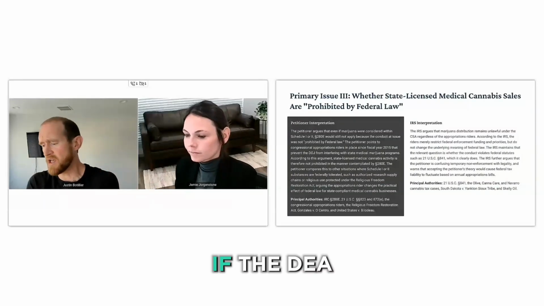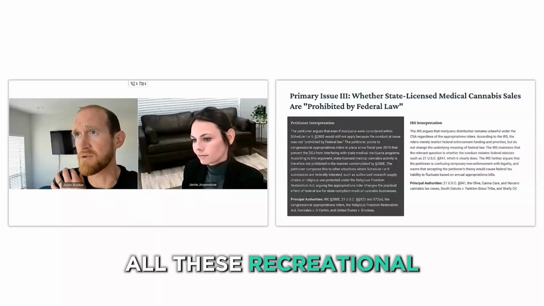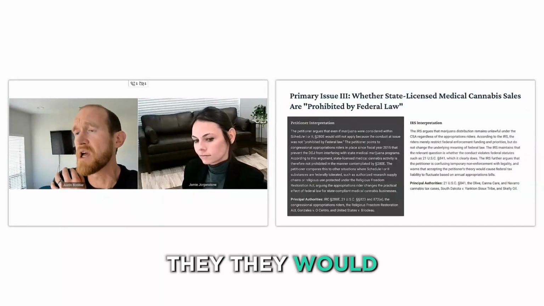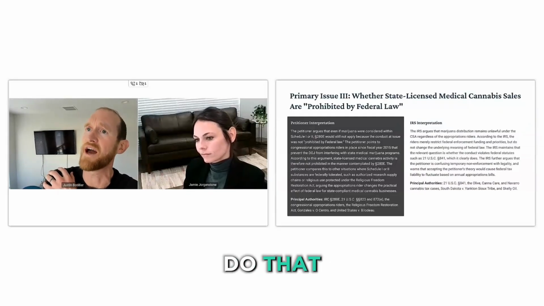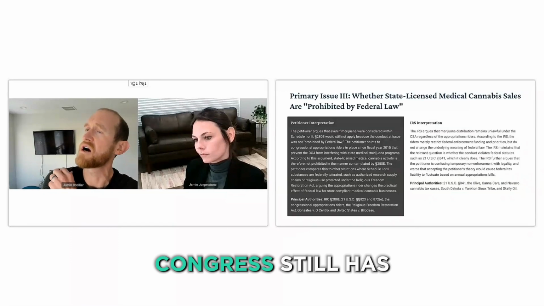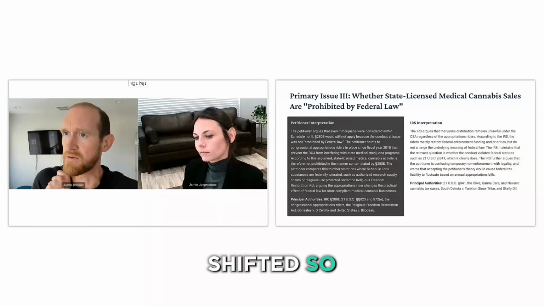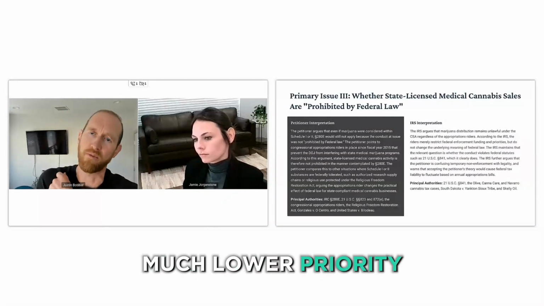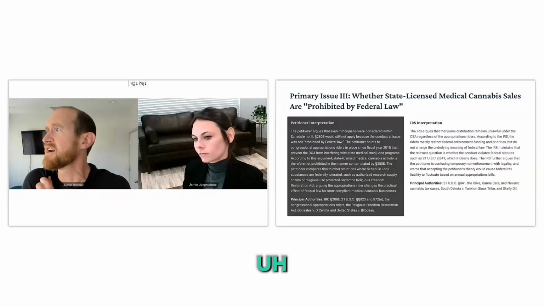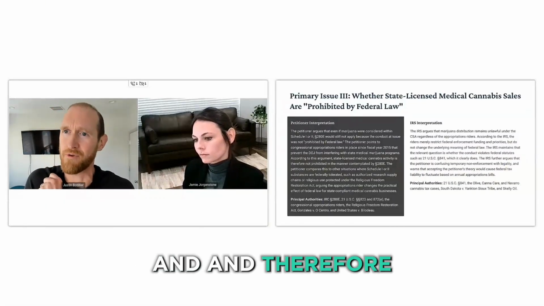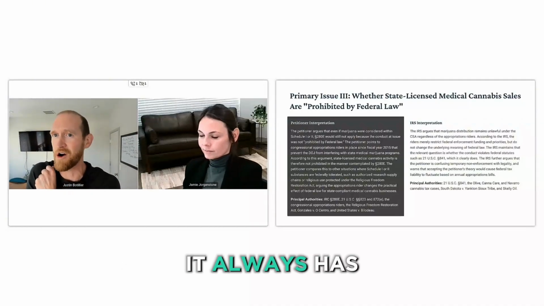It's like, oh no, if the DEA was fully funded, they would close all of these recreational shops down. They would squash the entire cannabis industry if the DEA was funded to do that. And therefore Congress still has the intent to do that. It's just that their priorities have shifted so that cannabis is a much lower priority. But Congress still feels that cannabis ought to be a Schedule I substance, and therefore the Controlled Substances Act does apply, just like it always has.